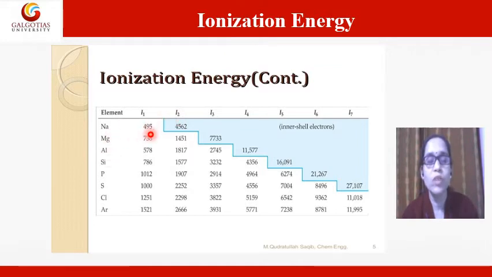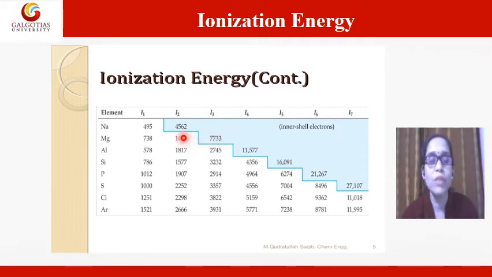So see the trends of successive ionization energy of different elements. For sodium, we have discussed that the first ionization is 495 and the second ionization is 4562 kilojoule per mole. But for magnesium, the first ionization is 738 kilojoule per mole and the second ionization is 1451 kilojoule per mole. But here you see the third ionization energy of magnesium is very high.